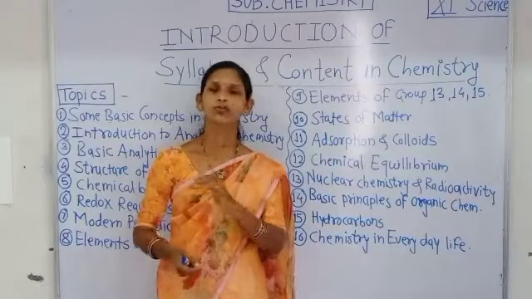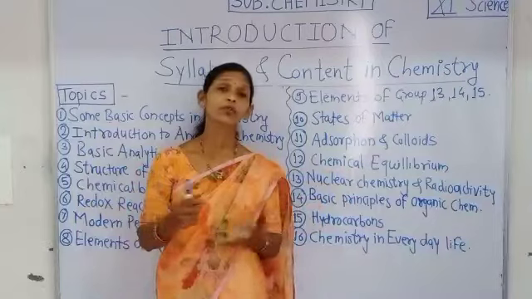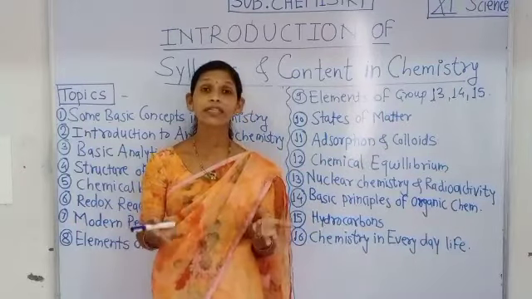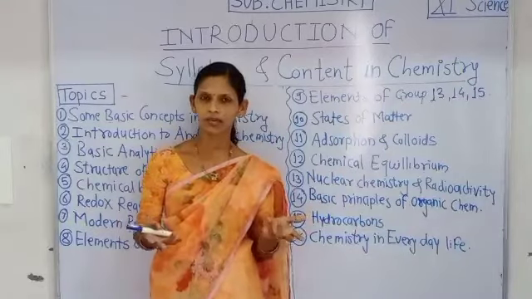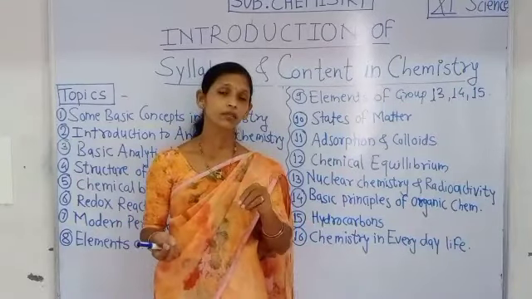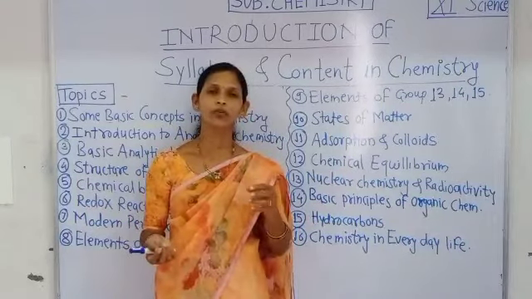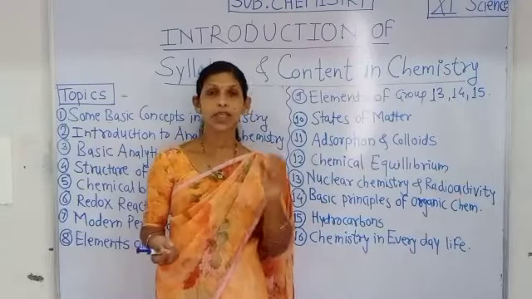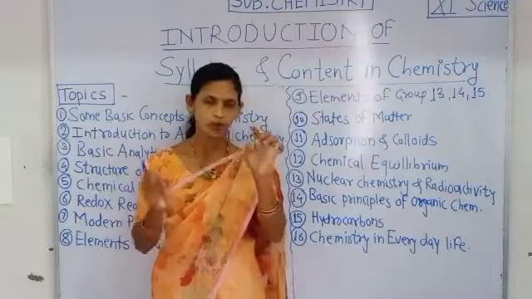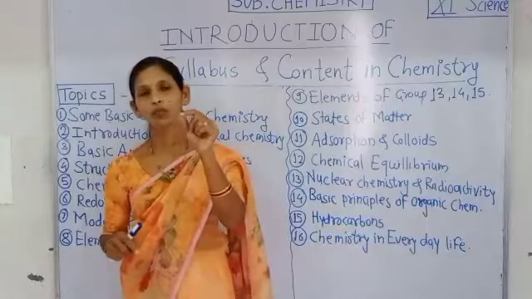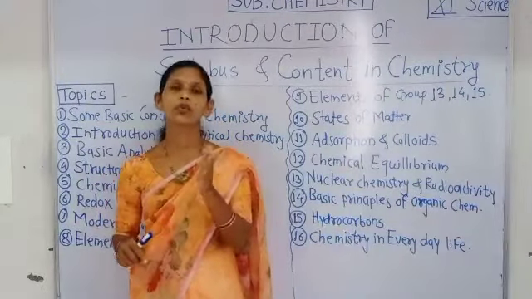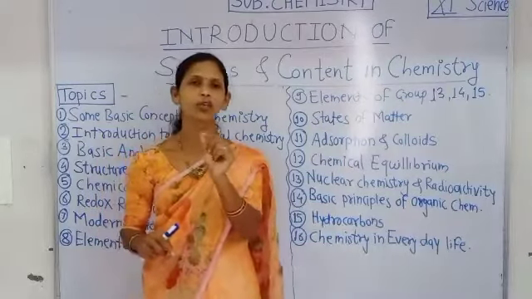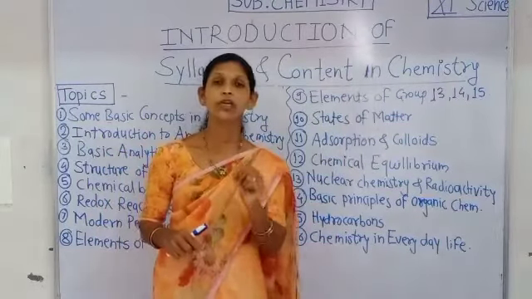The concentration of a solution. There are different types of solutions, that is, acids are there. Acids are of different concentrations. Bases are there. You may observe those different types of chemicals in the laboratory, and you may observe the labels on the bottles of chemicals, where the concentration of the chemical is written.